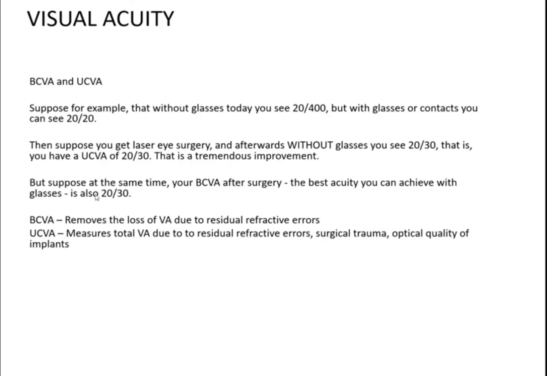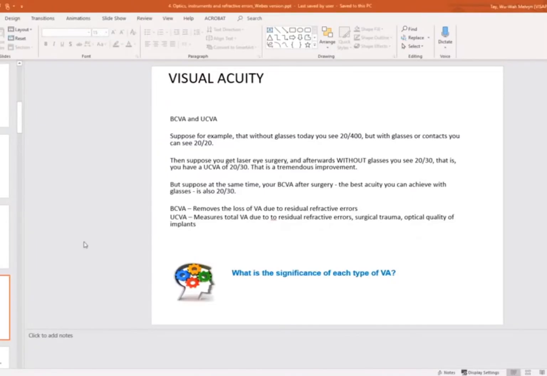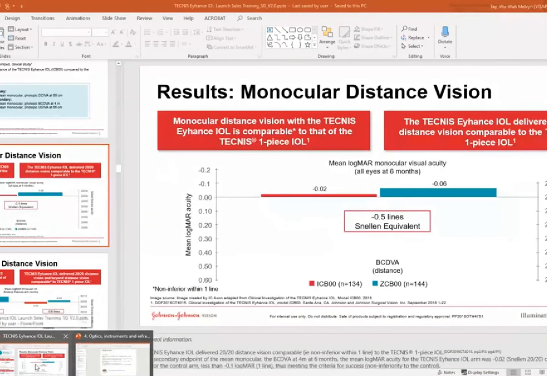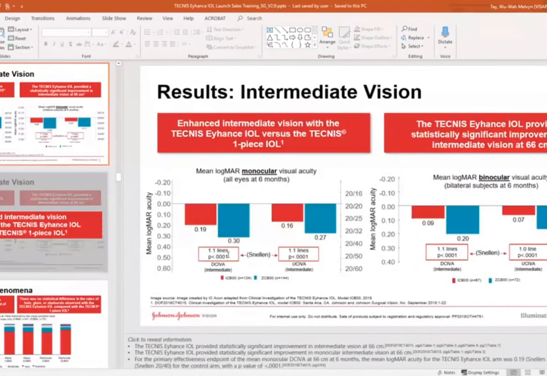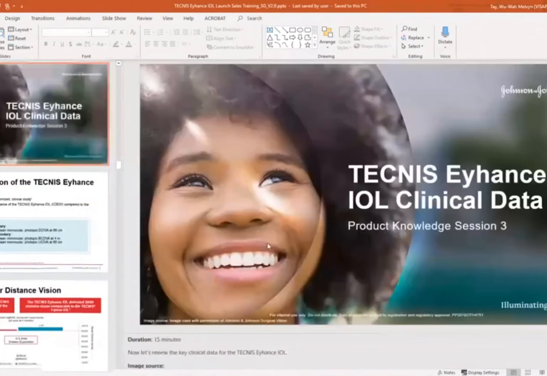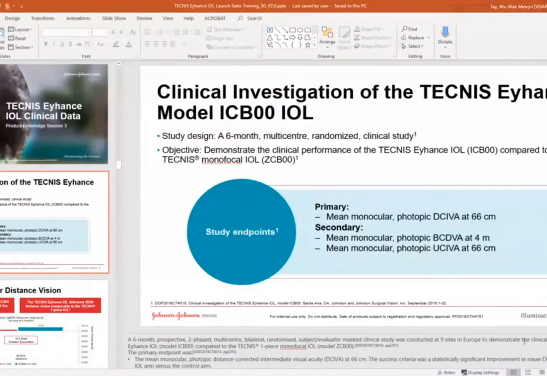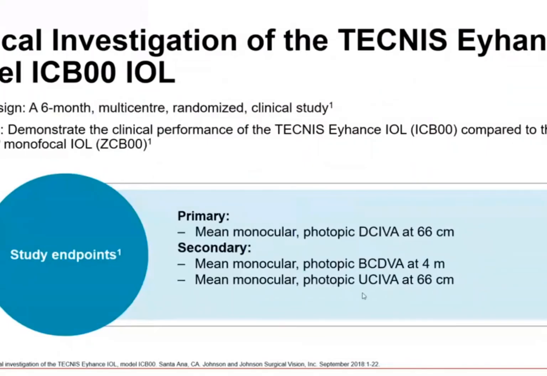Because at that particular distance that you're measuring near or intermediate, it is assumed that the patient is at emmetropia. So sometimes when you look at the visual acuity performance, for example, in the evaluation of the visual acuity for intermediate, that is done with best corrected intermediate VA, distance corrected intermediate VA.